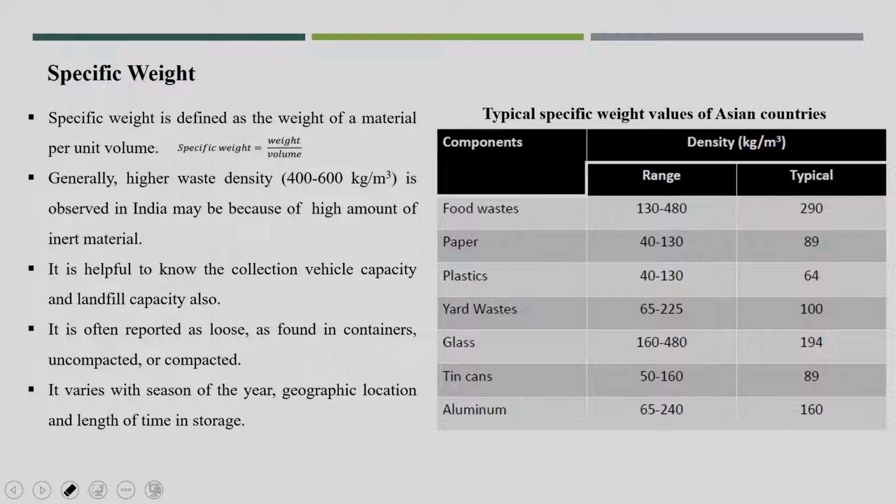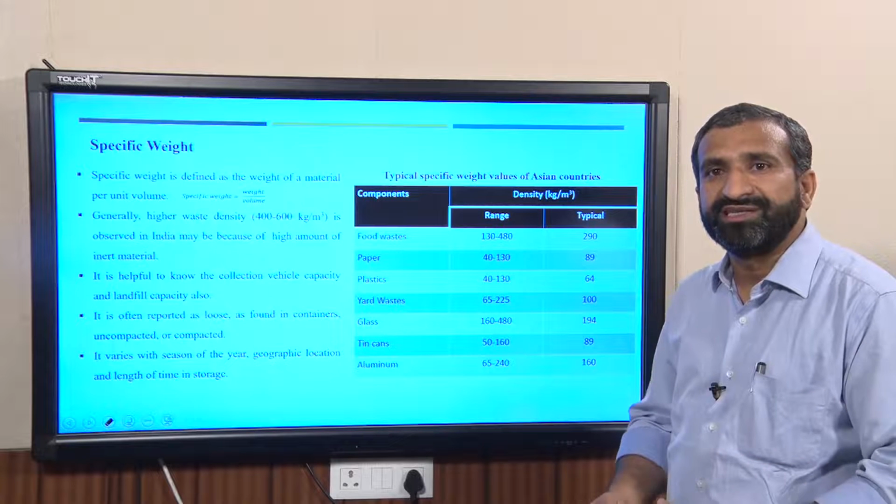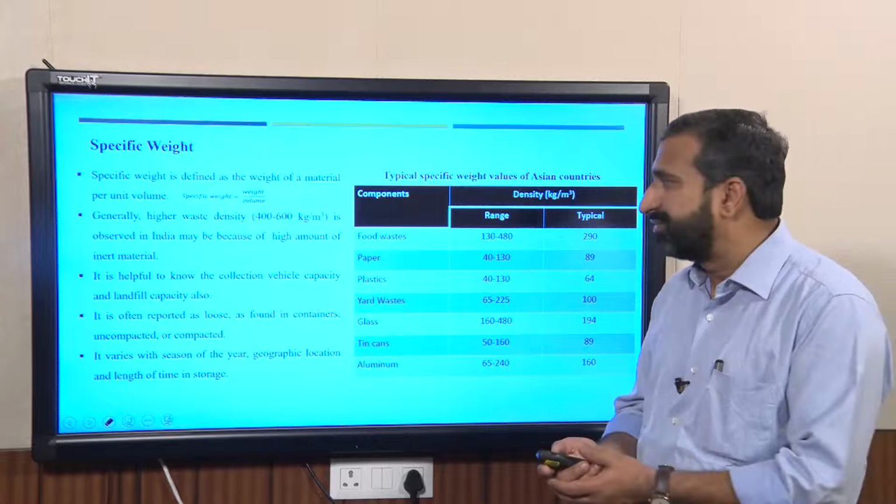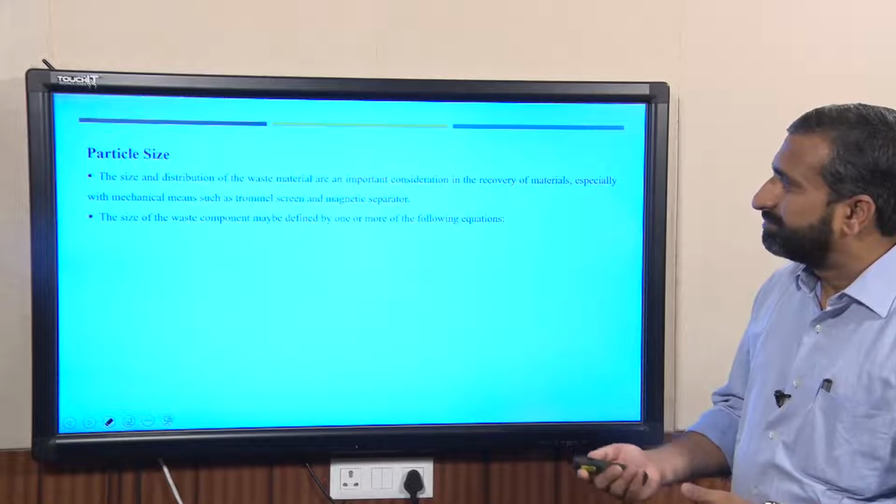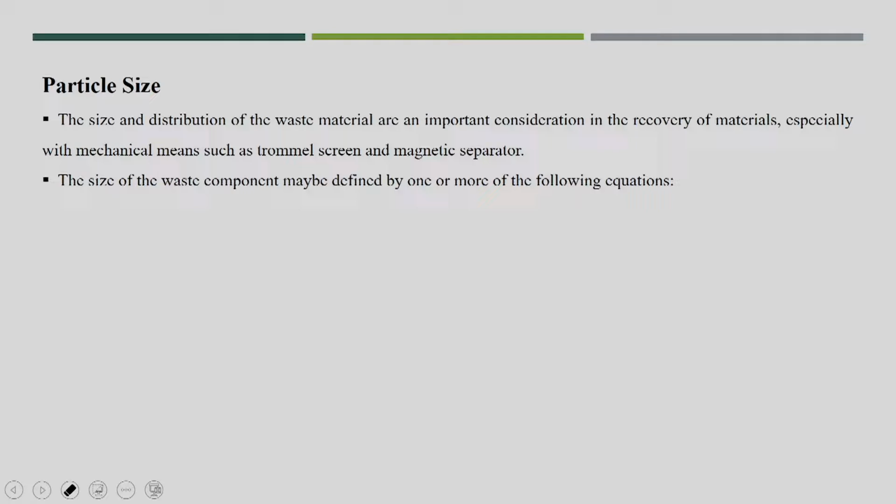This is some data for the specific weight values of different Asian countries. In mostly the Asian countries, the density of food waste is very high, while for paper and plastic the density is very low, just 100 kg per meter cube. It also changes with the season, because the compositions change, and based on the composition, the density will also change.